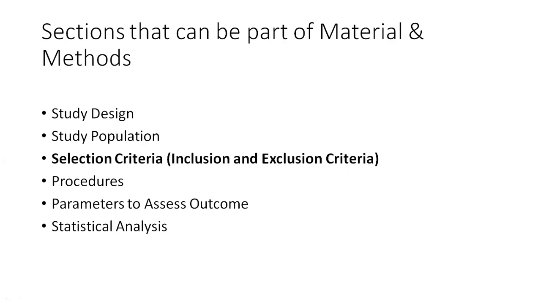So what is this inclusion and exclusion criteria? Inclusion criteria is we'll tend to include this many number of patients, and when we talk about the exclusion, out of these, maybe if we are talking about a disease X, and we say that all patients suffering from disease X would be included in the study. Now, in this disease X, what is the further subpopulation that I would like to study?